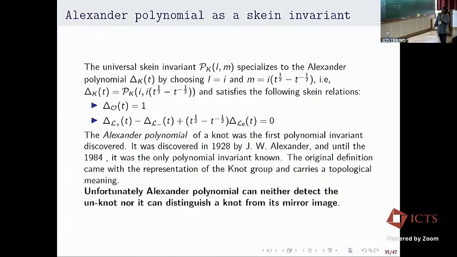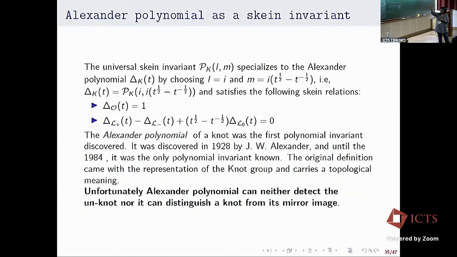Now, these are interesting polynomial invariants. We call them polynomials, but they actually have negative powers. They are Laurent polynomials, and they even have fractional powers, t to the power half and so on. It is defined in a very abstract manner, but this skein property helps in calculating.